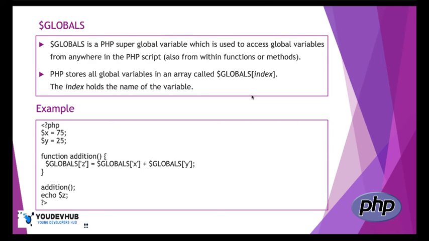The first of the super globals that we're going to be discussing is the global itself. The global is a PHP super global variable which is used to access global variables from anywhere in the PHP script. Like we talked about in variables the other time, and we showed a brief example on how to use the super global.